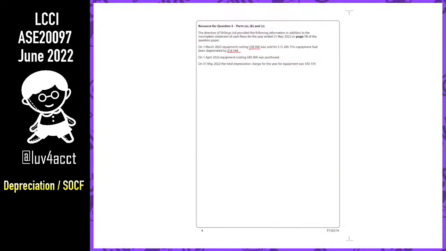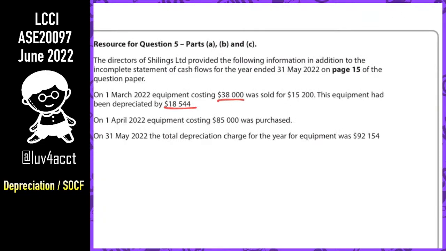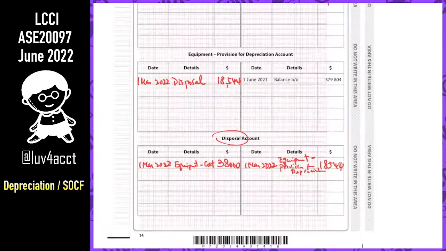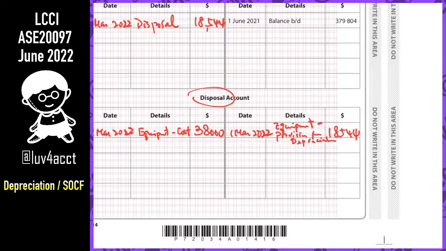So the next thing I will have to put is the amount of proceeds, 15,200. You are not told how you receive the money, so we always assume it is by cheque or by bank transfer. Year 2022. So are we making a profit or loss? Let me see. Oh, loss, of course. 18,544 less 15,200.